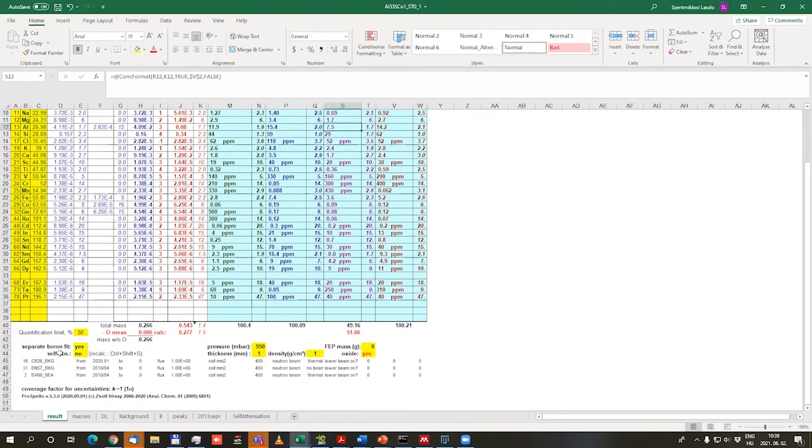Here you can fine-tune some details like the thickness of the sample. You can put here some density, like let's say 2.5. And then we can make a so-called self-absorption correction.